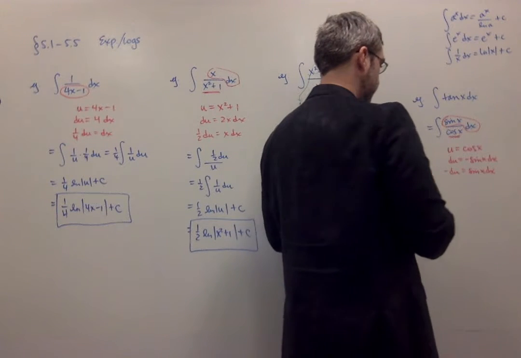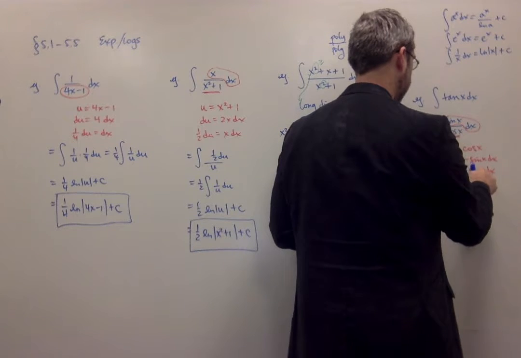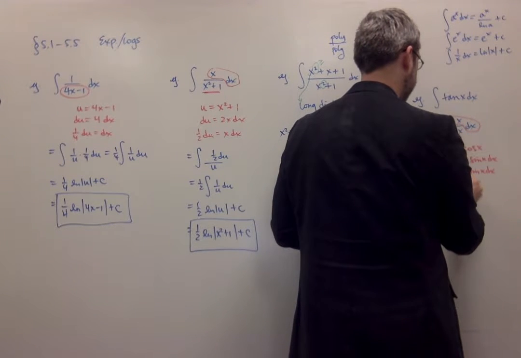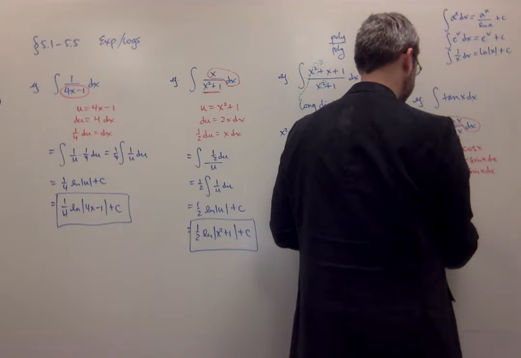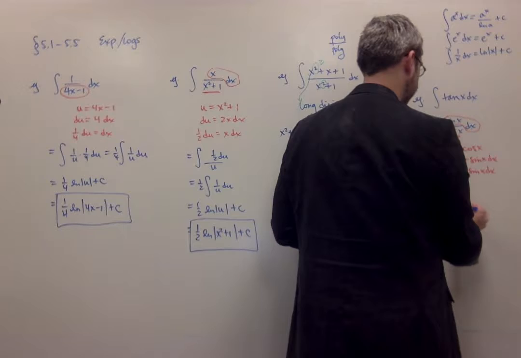Okay, so substituting back in, I get negative sine of x dx is negative du, and the bottom is just u. So the antiderivative of 1 over u is natural log of absolute value of u.